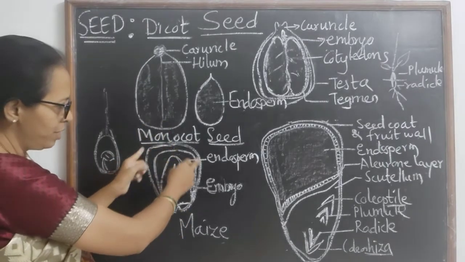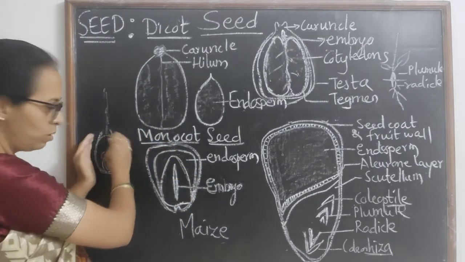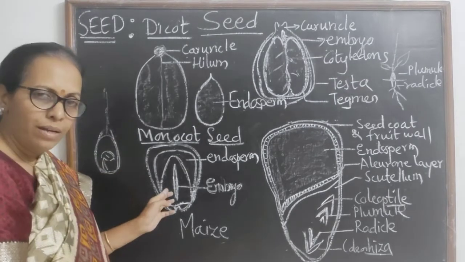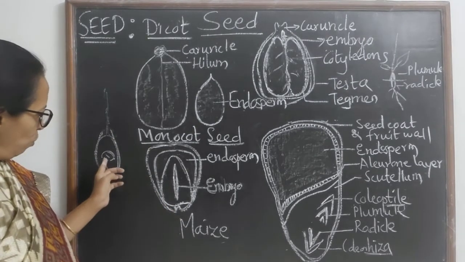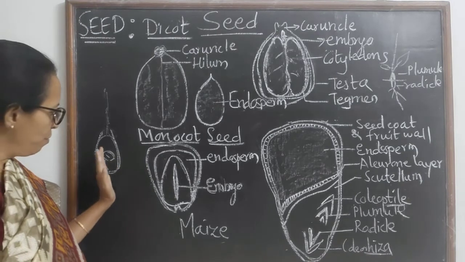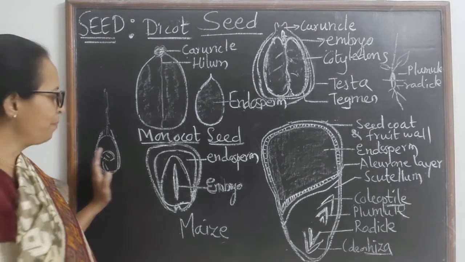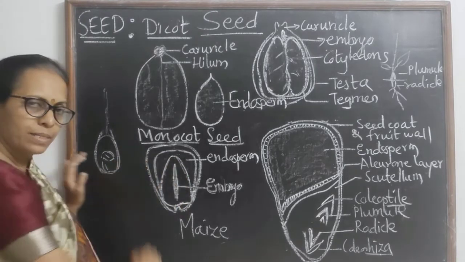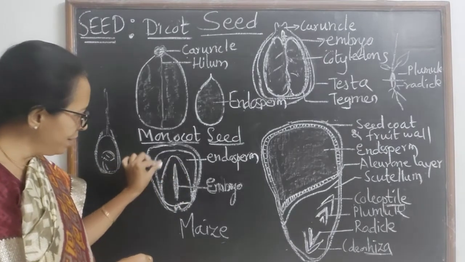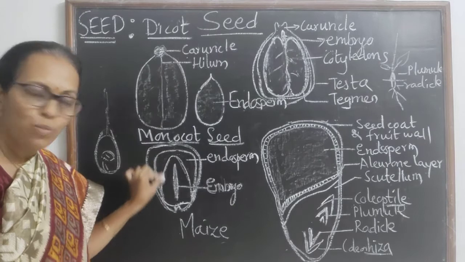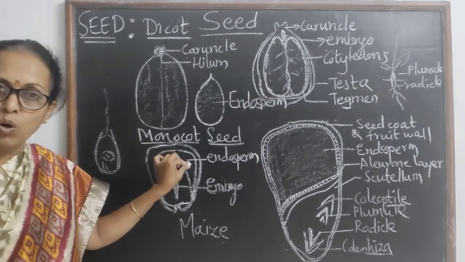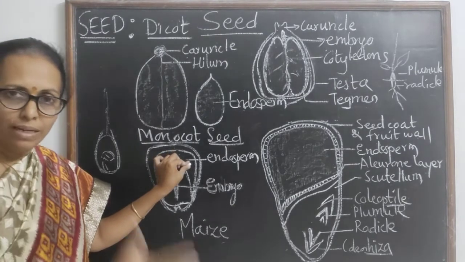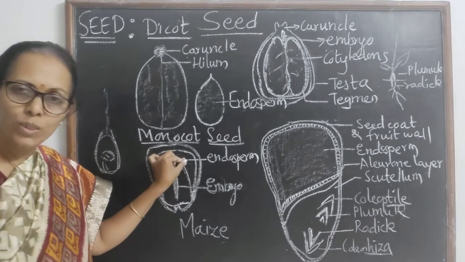This region is the broad base of the ovary, where the ovule is present with basal placentation, and here you are observing the embryo axis embedded in the nutritive tissue. We call it endosperm. This is the food material.